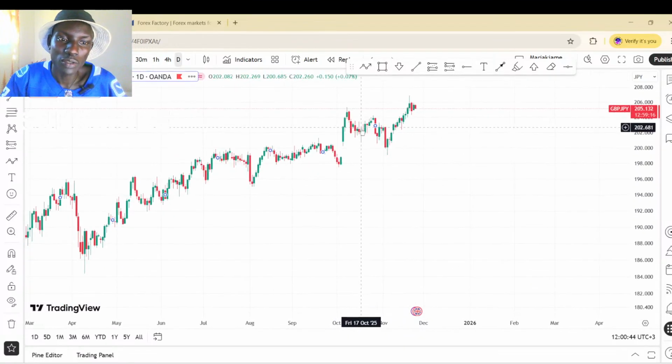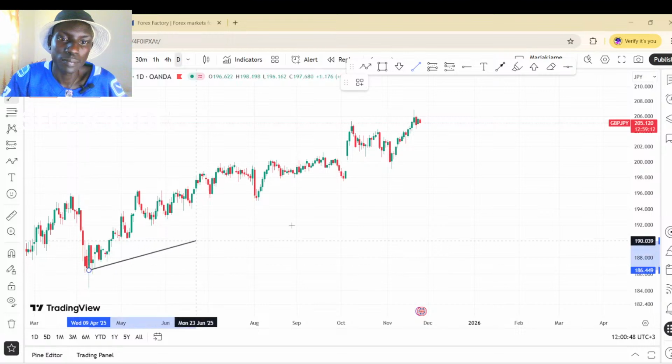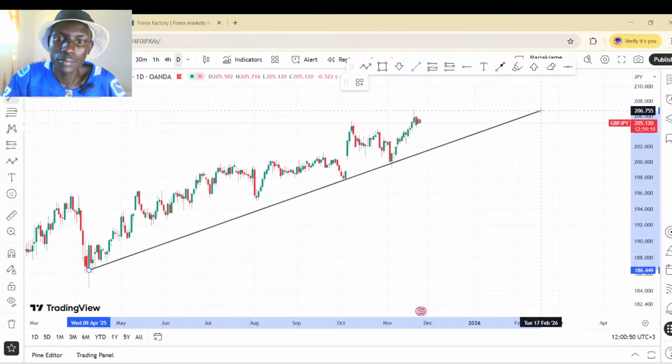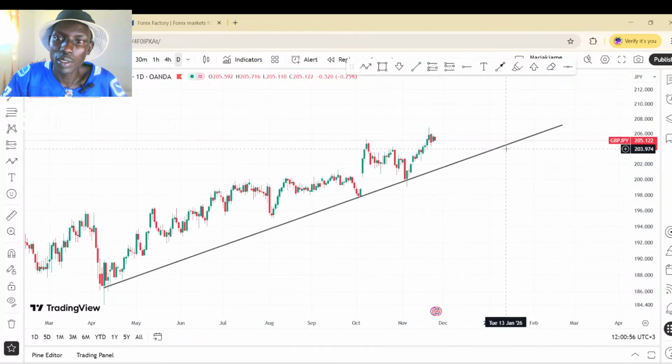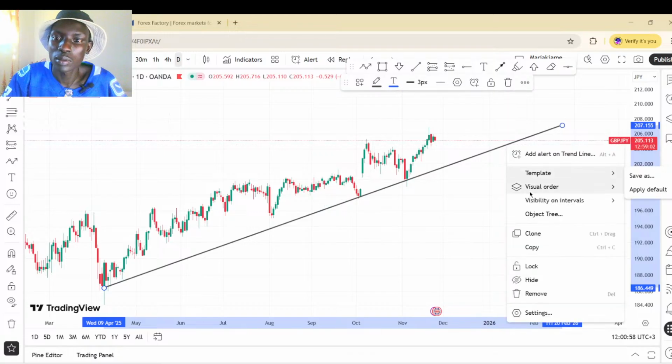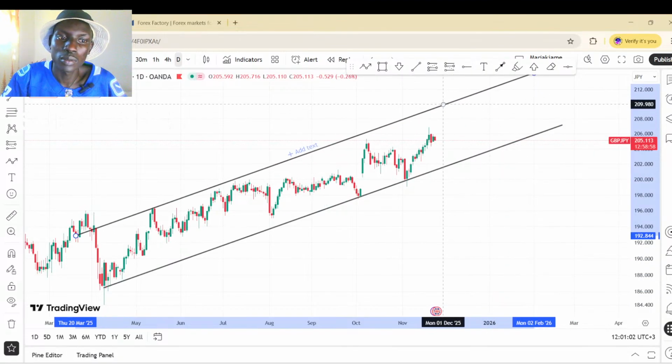But here our trend lines can also work right here.